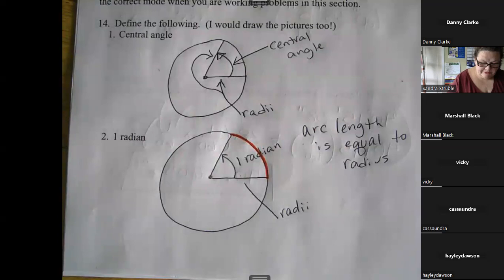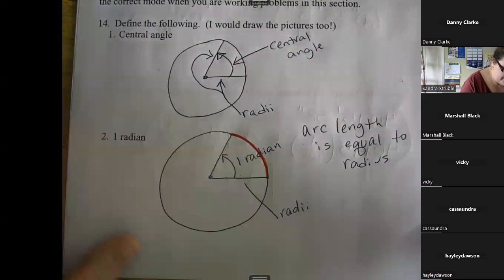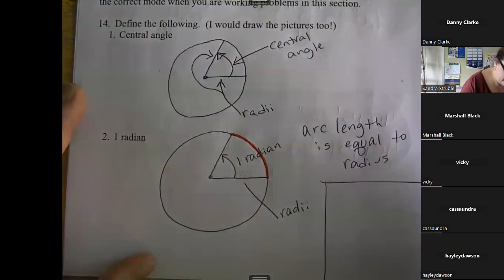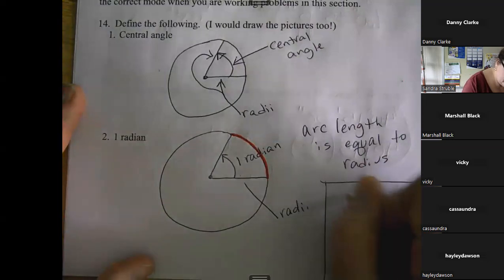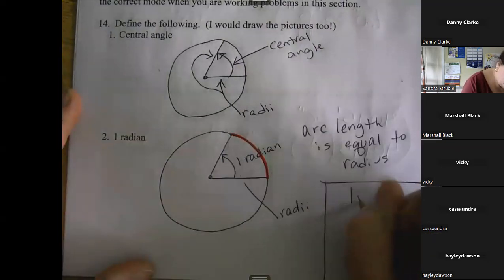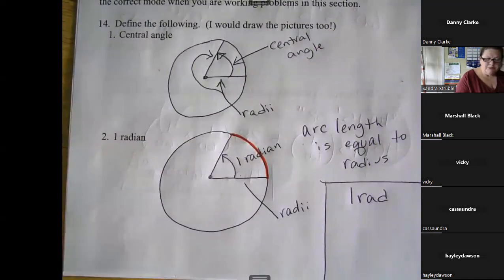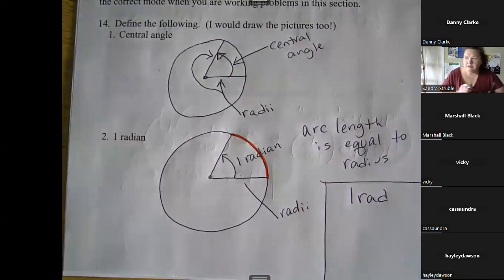All right. So I'm going to show you a value of, let's just say, 1.2 radians. I want to show you how I would represent that because I want to make sure you have the terminology as well. I'm going to use rad. So if we say there's 1.2 radians, we can say rad. I do want to show you some things you might see in other classes as well.